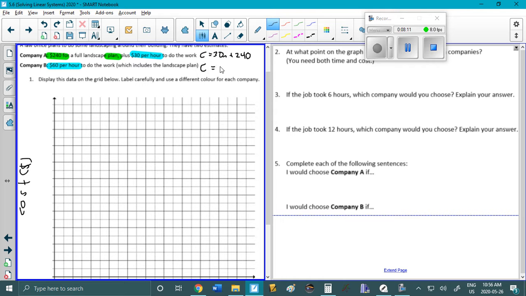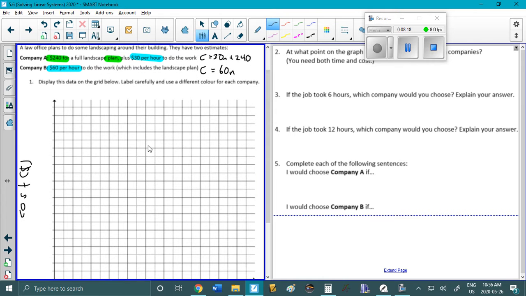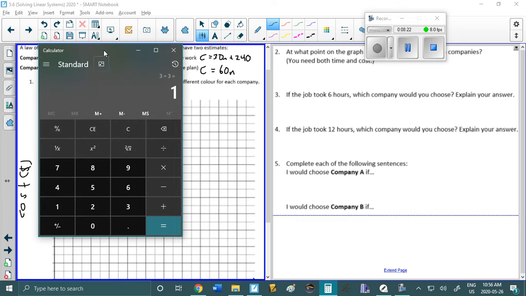And C equals 60N. Now, the hard part about this is figuring out, before you graph, around where the lines meet. So we can see that for the first plan, it starts at 240 and this one starts at 0. So they don't meet there. And right now, the second plan is cheaper.